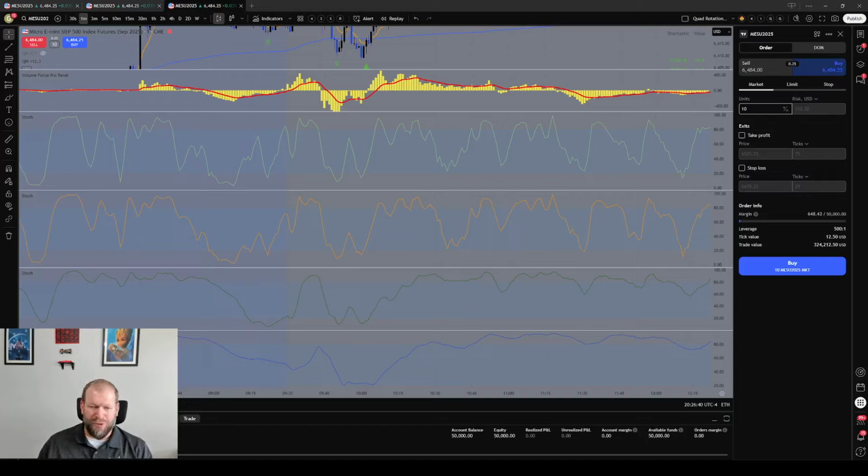So what this quad rotation does is it takes the rare and powerful moment when all four of these pilots, from the twitchy scalper to the B-2 bomber, execute a sharp synchronized turn in the same direction at the same time. It's reversal. It's calling the reverse momentum after any move in the market.